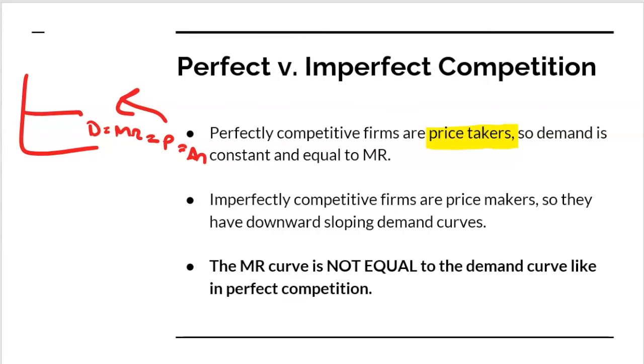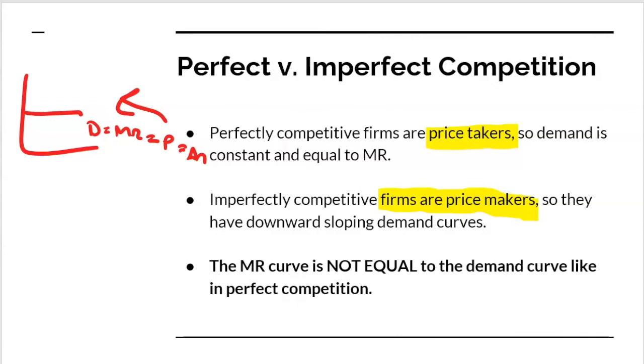Well, for imperfect competition, the firms are price makers, meaning that they can set their own prices. We said that firms in perfectly competitive markets cannot do that, because if you're a price taker, you take whatever price the market dictates. But for all three of our market structures, oligopoly, monopolistic competition, and monopoly, they are all price makers.